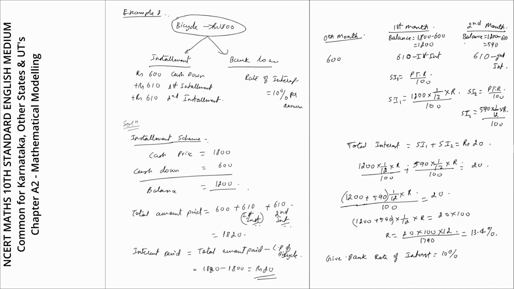So bank rate of interest is less than the installment rate of interest. Installment rate of interest is 13.4%. So therefore Juhi should prefer bank loan.